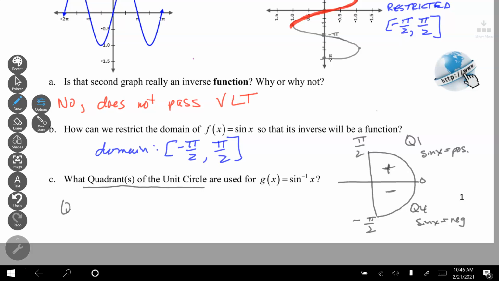So I'm using quadrant 4 connected to quadrant 1 by going from negative pi over 2 to 0 to pi over 2. And my theta would be these angles from negative pi over 2 to positive pi over 2. And this is quadrant 4 to quadrant 1. It's a little bit different, but we'll get through some examples and you'll see how easy it really is.